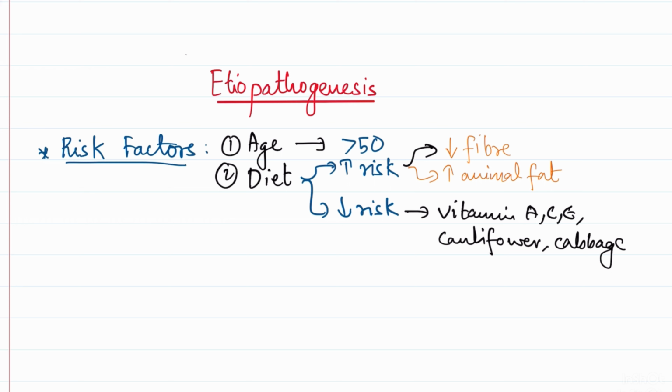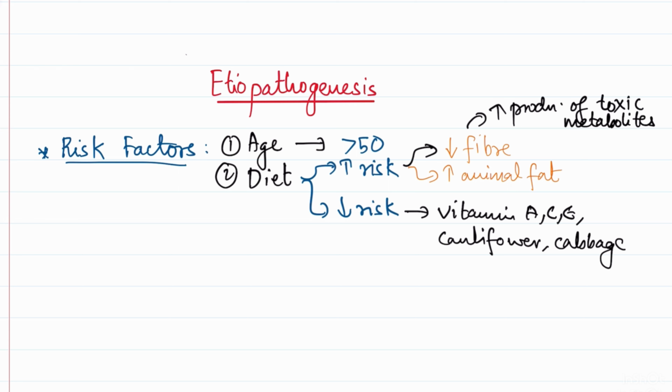These colonic bacteria will act on the stool and they will undergo oxidation, and they will produce toxic metabolites, and those toxic metabolites would induce changes in the mucosa of colon. So that's how the mechanism actually goes. So decreased fibers will increase the production of toxic metabolites by the gut bacteria, and that will lead to carcinoma.